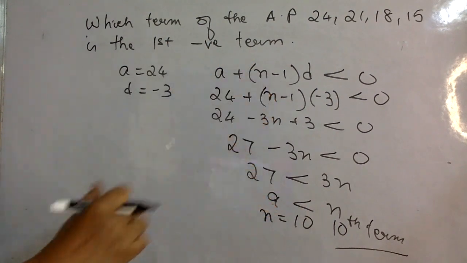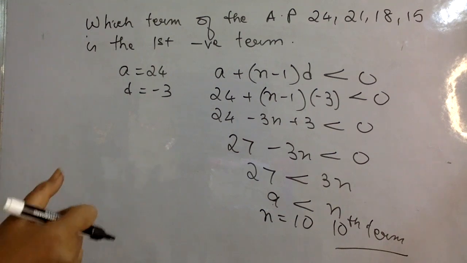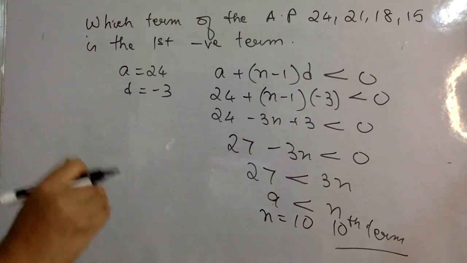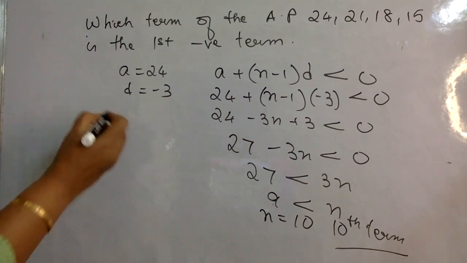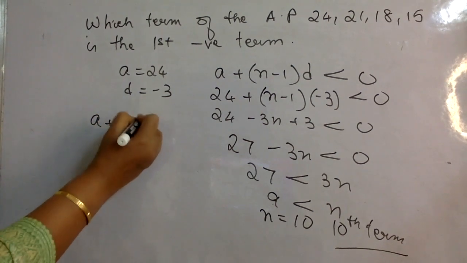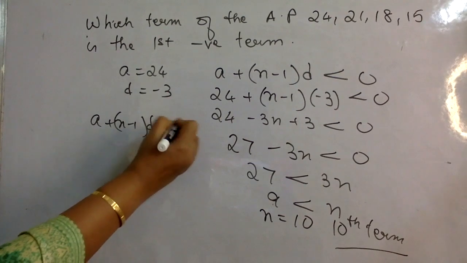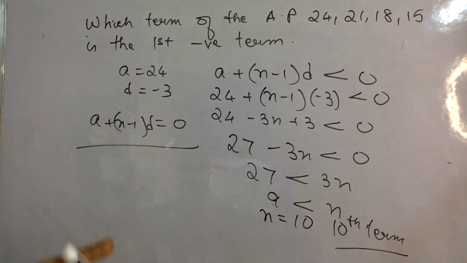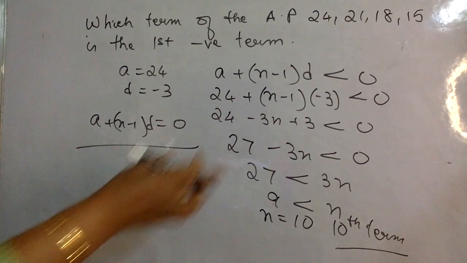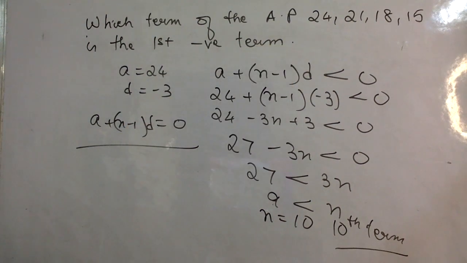But is it necessary that in every question one term is going to be equal to 0? In that case we can't write this, because maybe in that particular AP no term is 0. So this equal to 0 is not going to help you. So it is better to take the inequality sign.